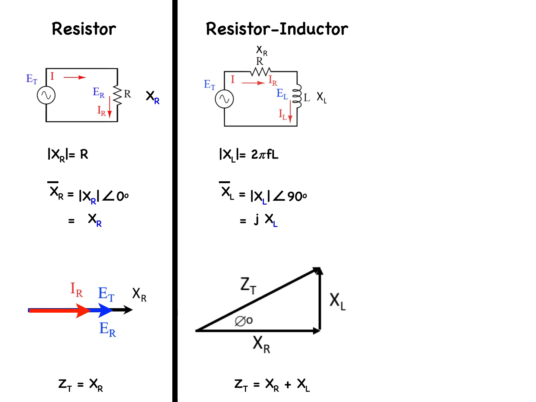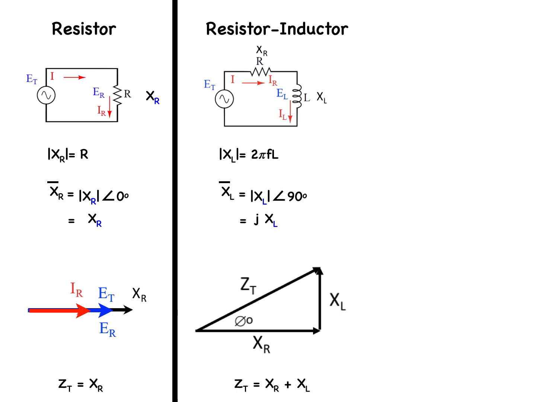If we write that in polar notation or as a phasor, it would be the magnitude at plus 90 degrees. And in rectangular format, it would be J times X subscript L. The phasor diagram for the impedance is shown at the bottom of the diagram there.